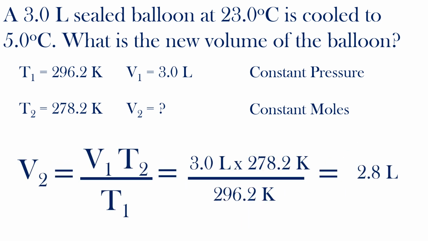I can insert my values into the equation and see that the final volume is 2.8 liters. This makes sense. As the gas is cooled, the volume decreases. The volume is directly proportional to the temperature.